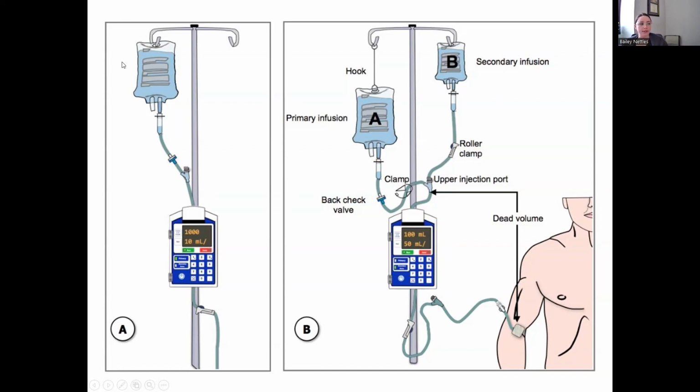I would need a whole other set: 2 separate poles, 2 separate pumps, 2 separate IV sites, because they're not compatible. Now, if they were compatible, we can hang them up, set it to go concurrent, then he can get both of his antibiotics at the same time and it's done. But if these are not compatible, you cannot hang them together. You will hurt someone. It will crystallize, bad things happen. So before you push anything through your IV site or hang anything in your secondary line, you have to check compatibility before you do it.